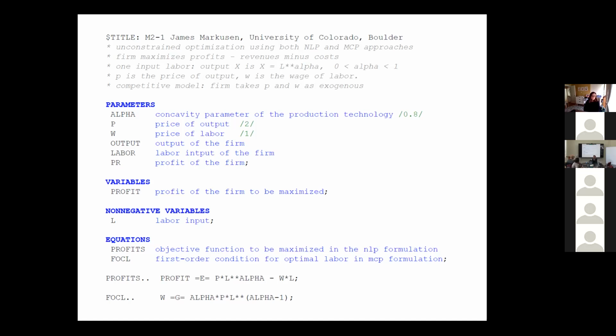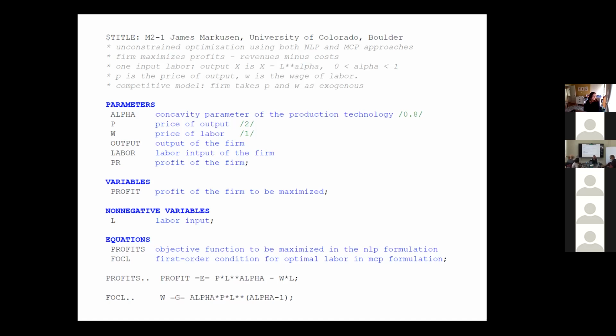Non-negative variables, though, are implicitly setting, in this case, a lower bound, so that allows you to make corner solutions. So then you declare equations, and the name of equations can't be the same as variables. So profits go to profit.